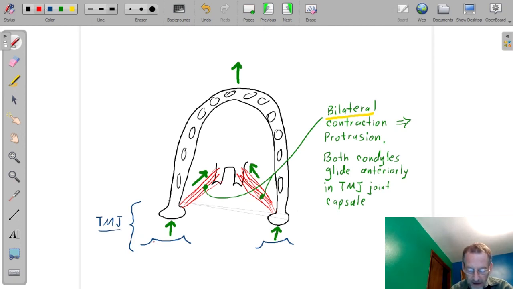So again, here was the fossa that the condyle was sitting in, and as the lateral pterygoids contract and pull on the condyles, they move it forward and the jaw protrudes. So when you jut your jaw forward, that's due to bilateral contraction of the lateral pterygoids.